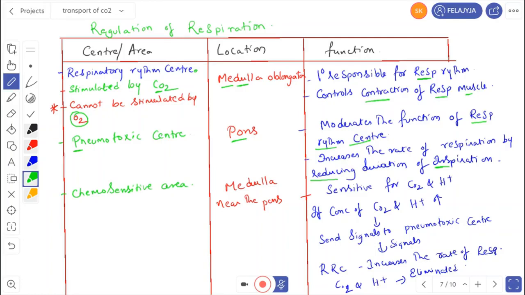Next one is the chemosensitive area. Chemosensitive areas are present in the medulla near the pons. These chemosensitive areas are very sensitive to carbon dioxide and H plus ion concentration.